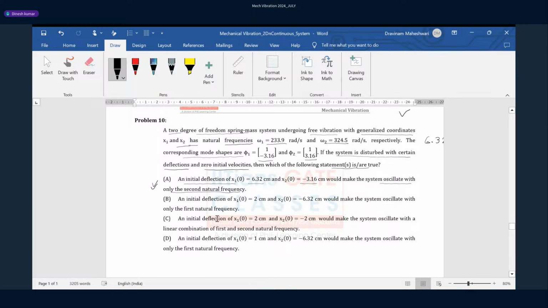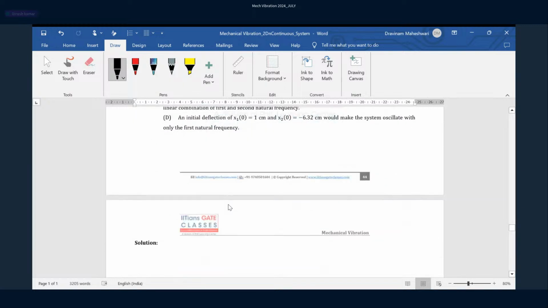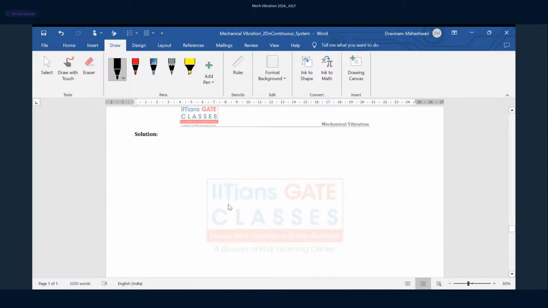So let me do it on the next page. 6.32 is equal to x1 for first mode plus x1 for second mode. But they told in option A the system vibrates only in second mode, so the first is 0. So from here x1 for second mode is 6.32.